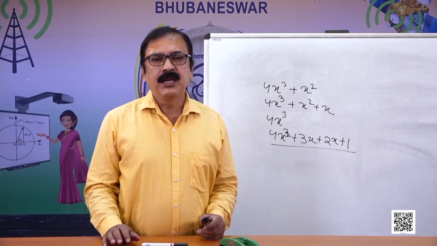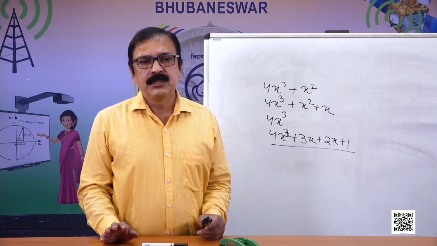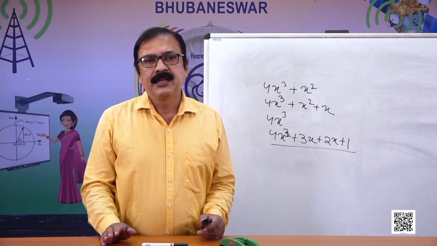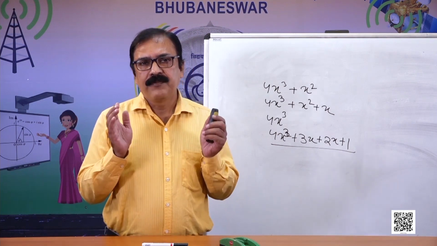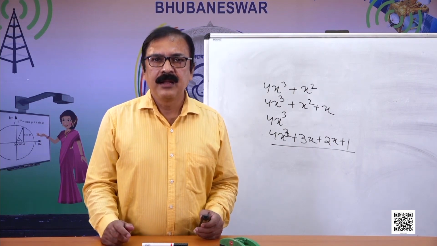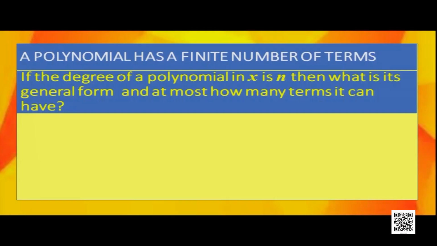Now you see that the number of terms in all these polynomials is finite. That means we have a finite number of terms in any polynomial. In the cubic case, the maximum number of terms is 4.